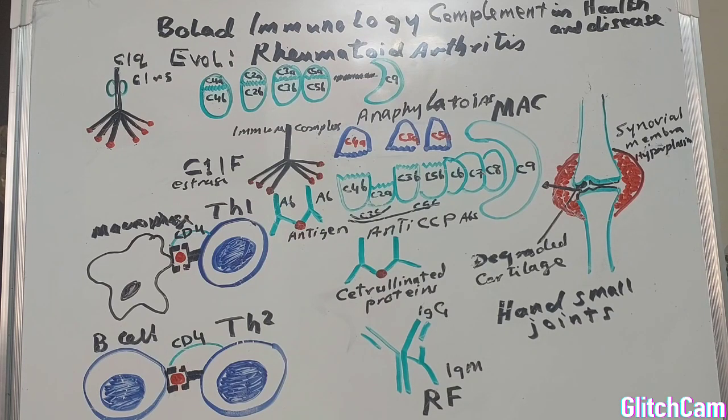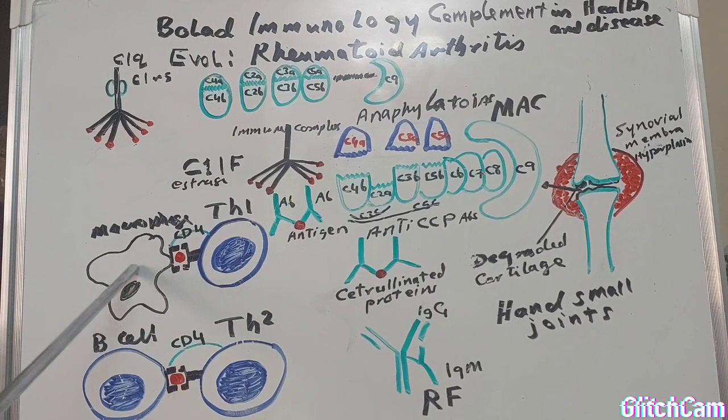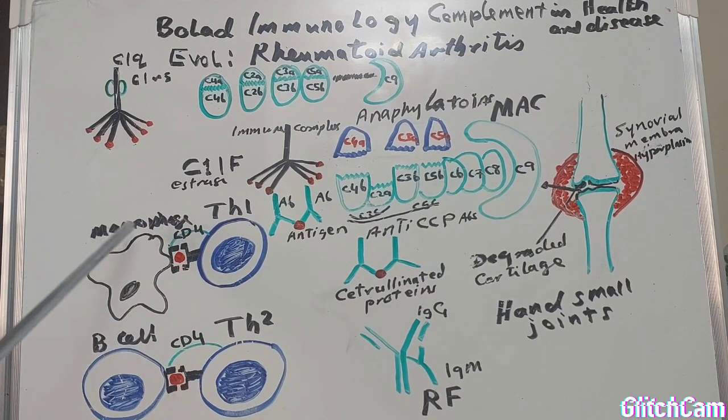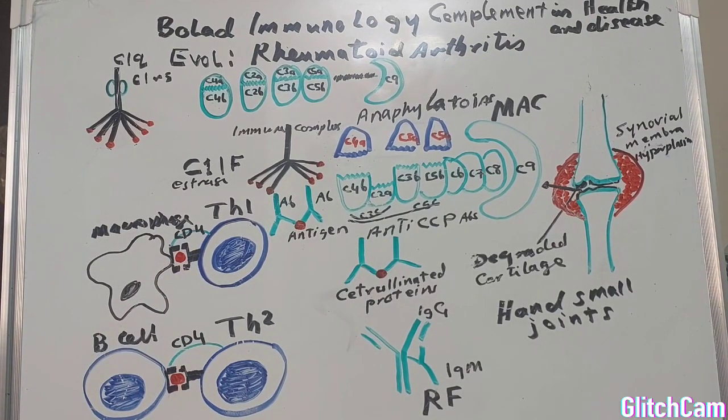Actually, these antigens or citrullinated proteins will be taken by the antigen presenting cell, the macrophage, and then get processed by enzymes, and then at the endoplasmic reticulum, they will bind to major histocompatibility class 2, and then the citrullinated peptides get expressed on the surface of the macrophage in association with major histocompatibility class 2.